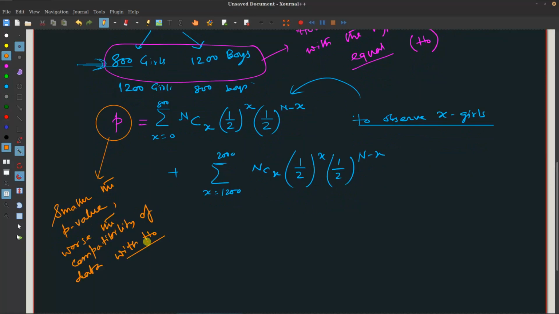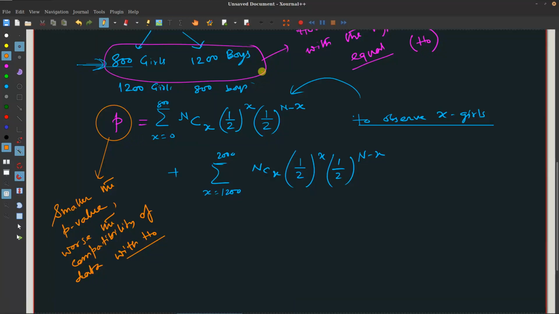Then if this p value is very small, you say, oh, this H0 is a very bad hypothesis to explain this kind of data, right? So this p value is kind of a measure of how different your data is from the expected values from your hypothesis.